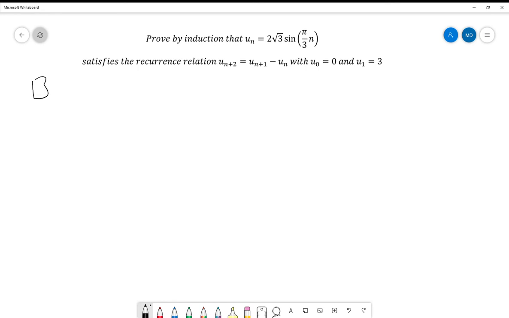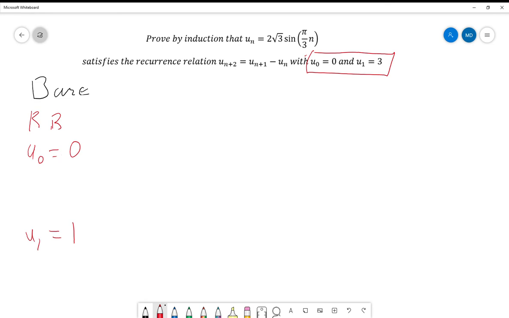Now, because this is a second order recurrence relation, we actually need to start with two base cases. And that's the base case u_0 equal to 0 and u_1 equal to 3. We need to check both of those are satisfied by the original thing.